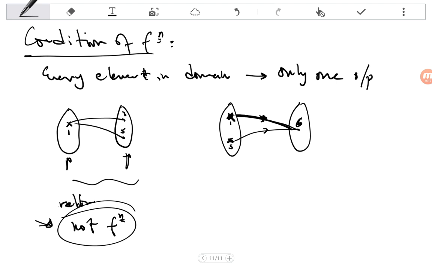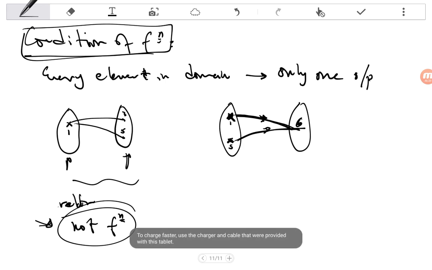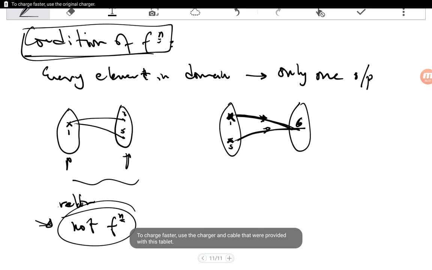And that input 5 also has only one output, which is 6. So there is an important condition of a function that every element in the domain has only one output in the range.